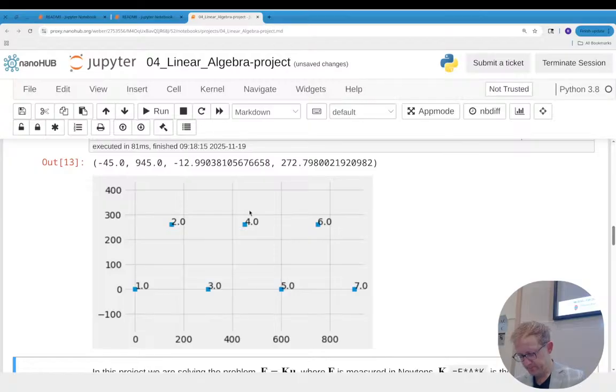There we go. I was just trying to label each of the nodes 1, 2, 3, 4, 5, 6.